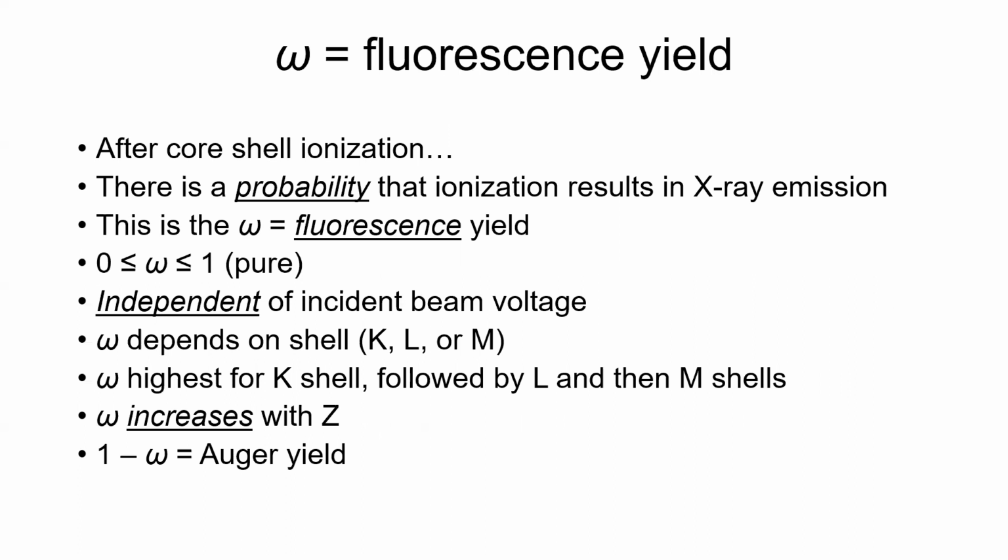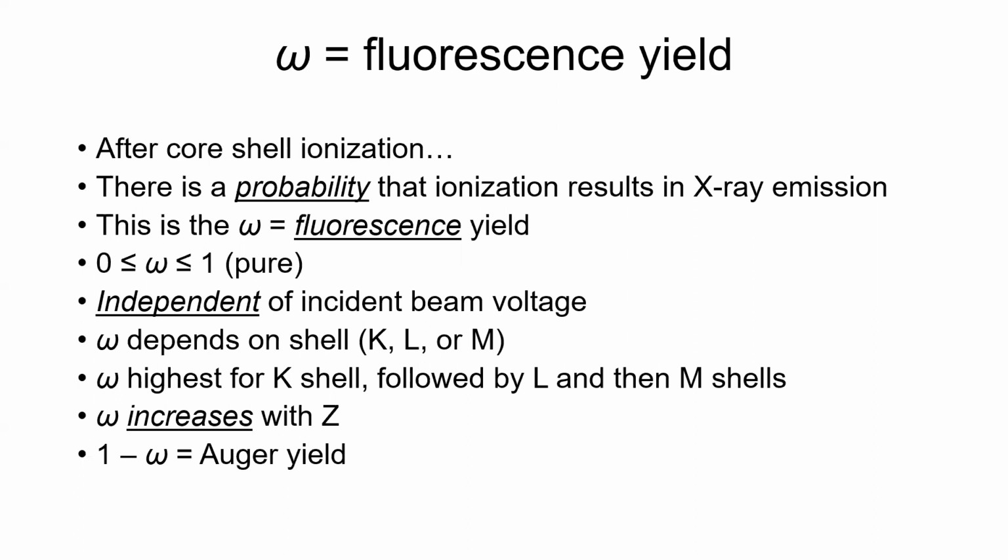Next factor is the fluorescence yield, okay? So again, we have core shell ionization. We now have a probability that ionization results in X-ray emission, and this is what we call the fluorescence yield. So again, this goes from 0 to 1. This is independent of the beam voltage, so this is different than the ionization cross-section.